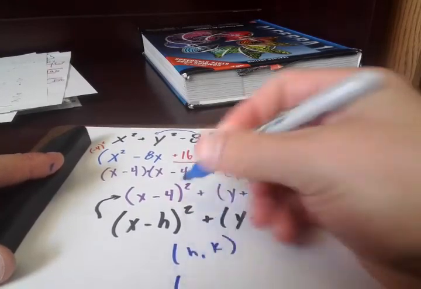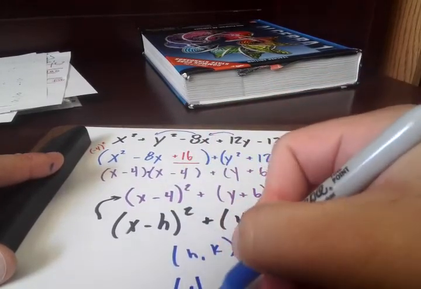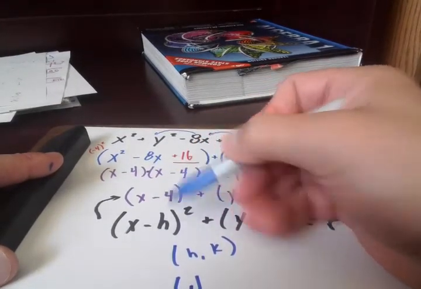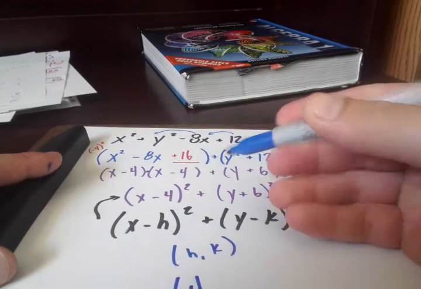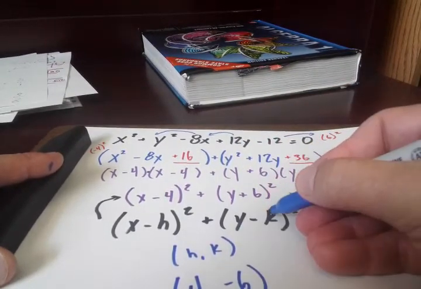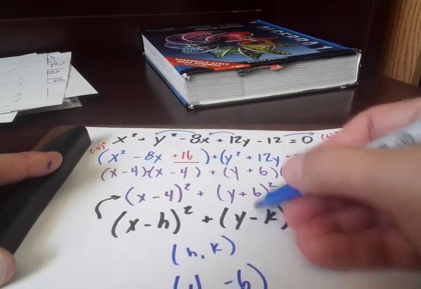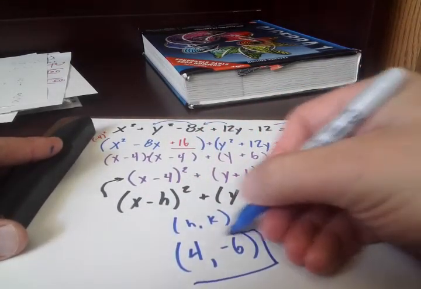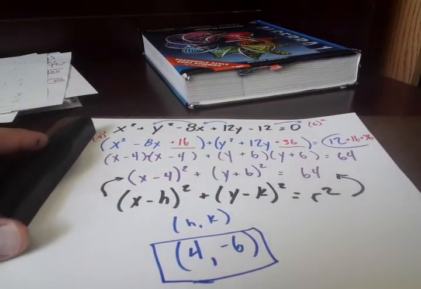So what's our h? It's 4. And the k, remember, it's going to be opposite. So this was minus 4, so h is 4. K is a positive 6, so k is negative 6. Remember, a negative with this minus sign becomes a positive. So our center is (4, -6).